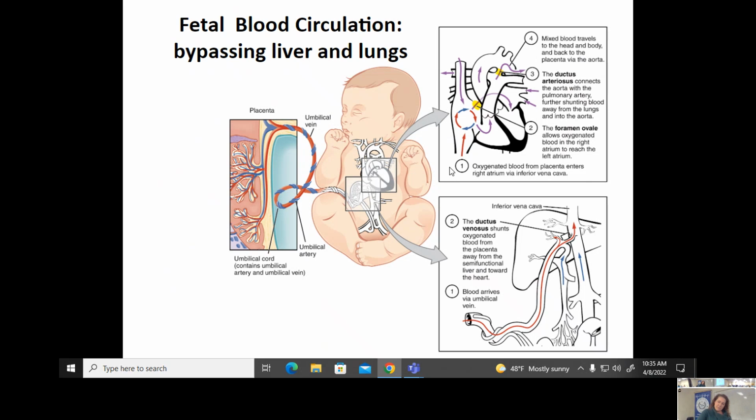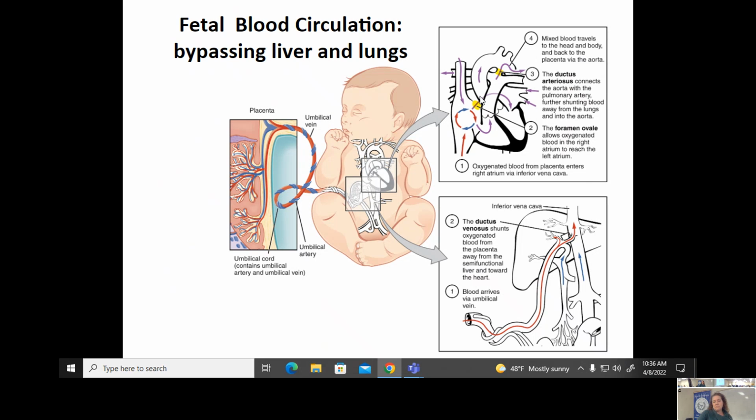It's got oxygen in it already from the mom. And then the blood comes up toward the heart, and it's already got oxygen. It doesn't need to go to the lungs. And it goes through a hole from the right atrium to the left atrium. You see this purple arrow? The blood doesn't have to go to the lungs to pick up oxygen because there is no oxygen in the lungs, and it already has oxygen from the mom.